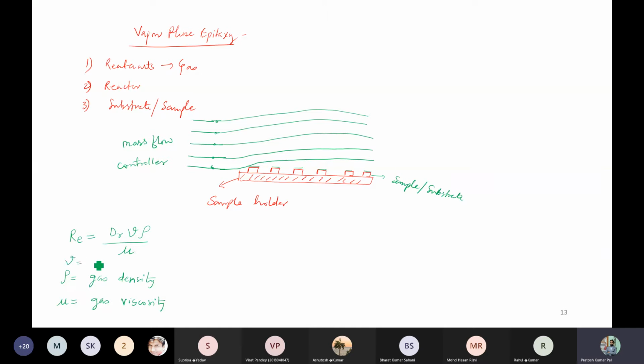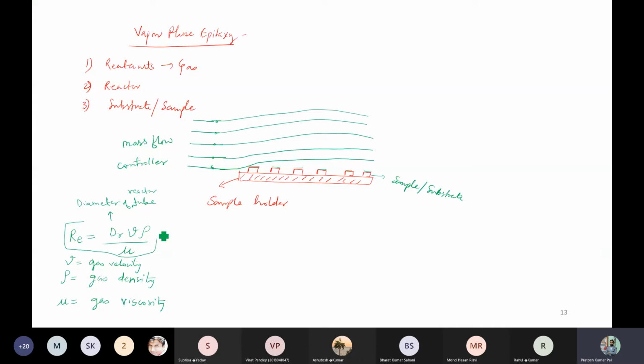So this is how the Reynolds number is given.